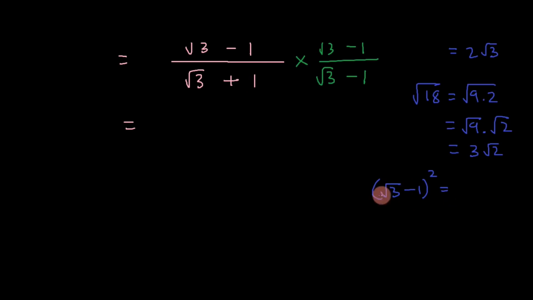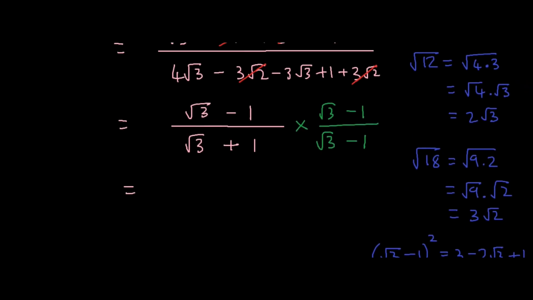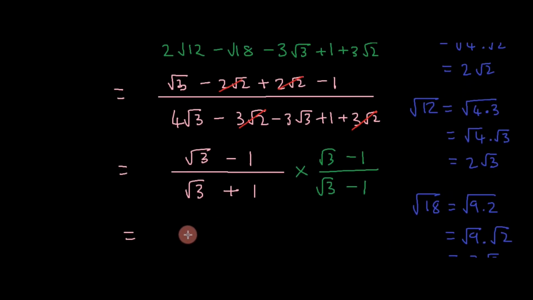And we know that this is the first term squared, which is 3, minus twice the first term times the second term, plus the second term squared, 1 squared. And 3 plus 1 is 4. So 4 minus twice root 3. So multiplying out the numerators gives 4 minus twice root 3.